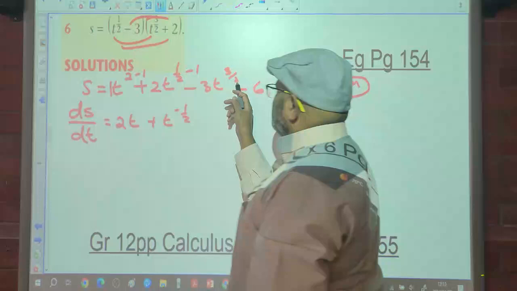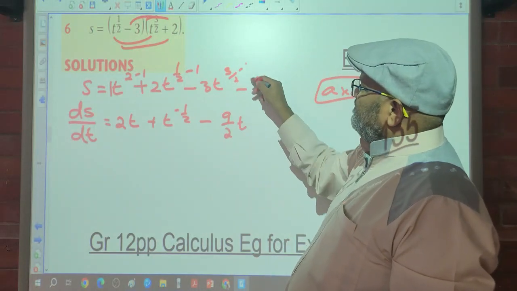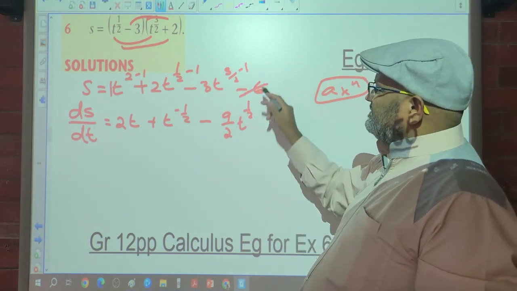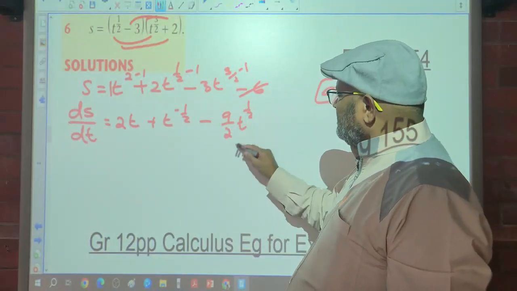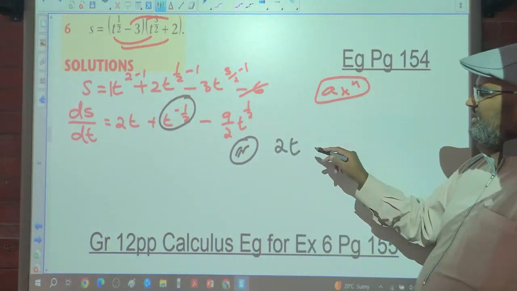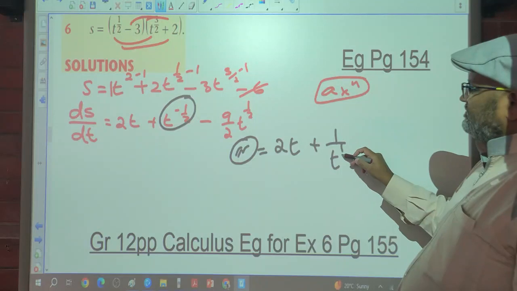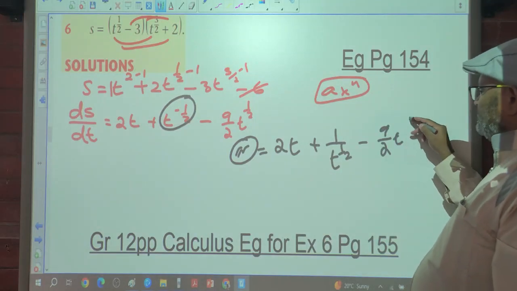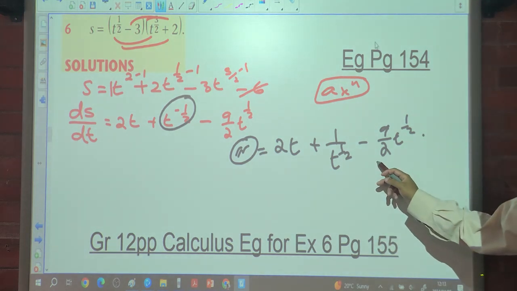What's negative 3 times 3 over 2? Negative 9 over 2t to the half. Derivative of a constant. If you want, you can take this further and write it with positive exponents. So it's 2t plus 1 over t to the half minus 9 over 2t to the half. But do we have to write it like this?